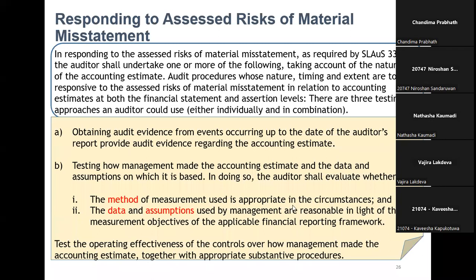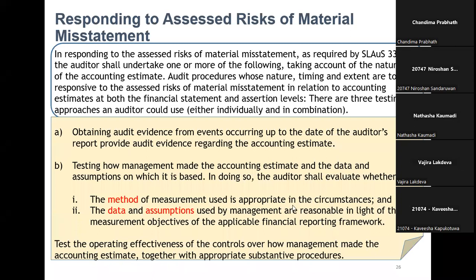Then the other stage of the audit, after planning, is execution and evidence building. In planning, we identify the risk of material misstatement and decide audit procedures, nature, timing, and extent of audit procedures which are responsive to the assessed risk of material misstatement.